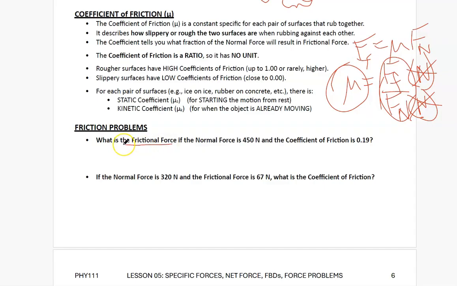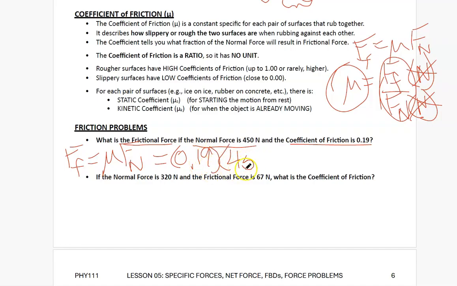What is the frictional force if the normal force is 450 newtons and the coefficient of friction is 0.19? Well, force of friction equals mu, the coefficient of friction, times the normal force. We just multiply them together: 0.19 times 450 newtons.